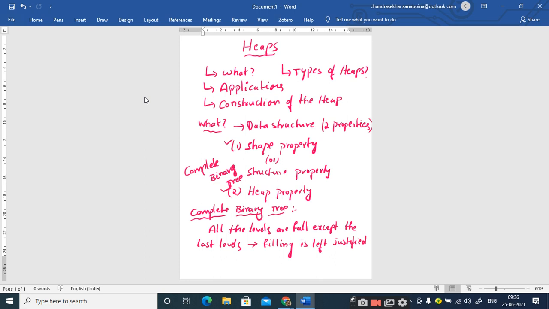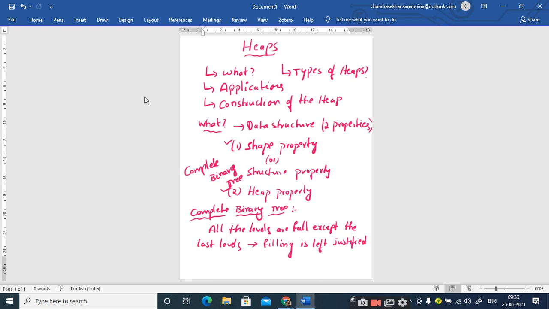In simple terms, the root node should be greater than or equal to its children. That's it. So don't get confused. The root node element should be greater than or equal to the elements of its children.